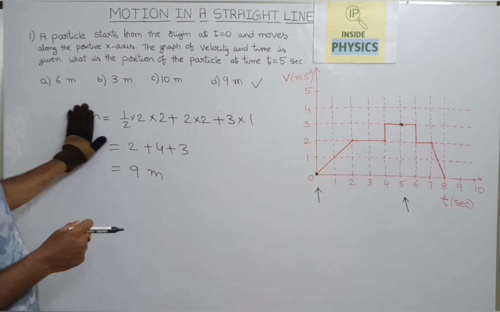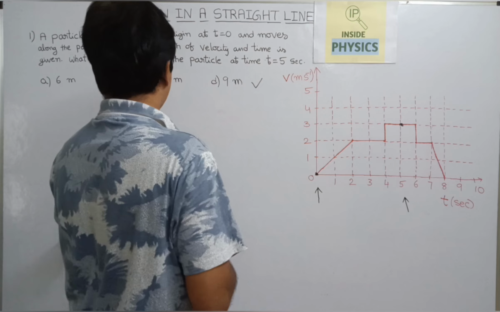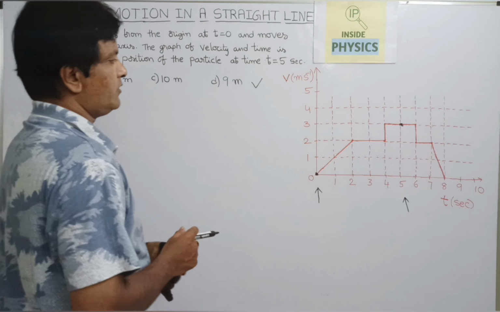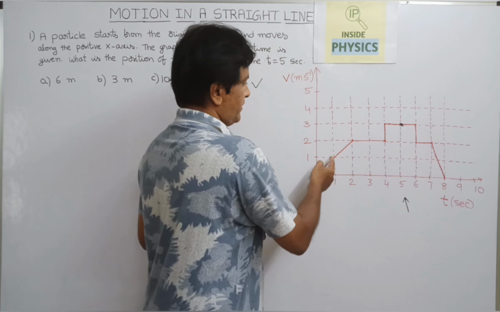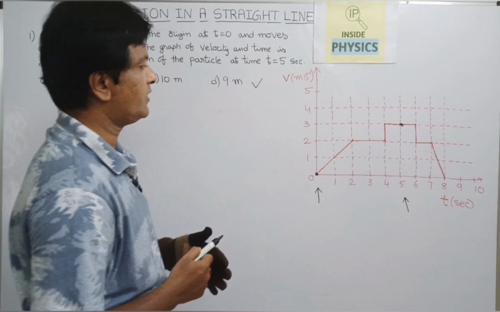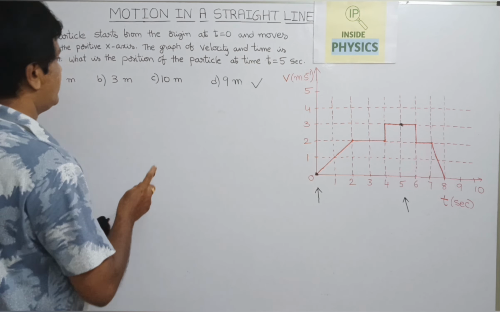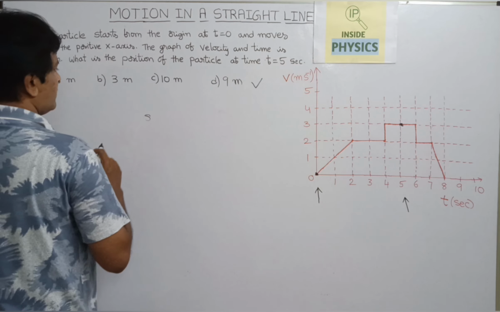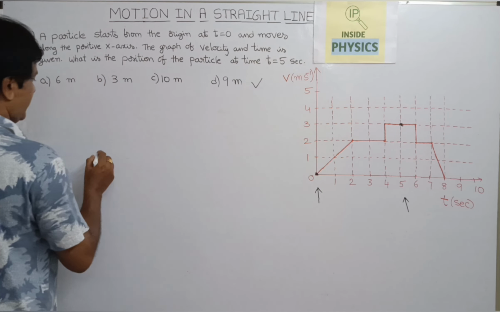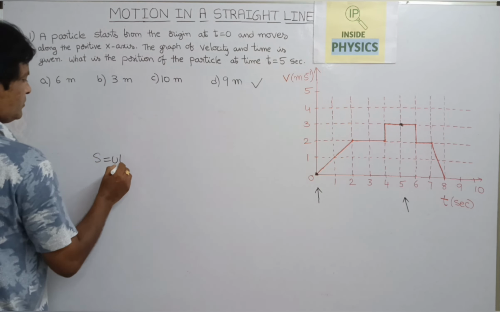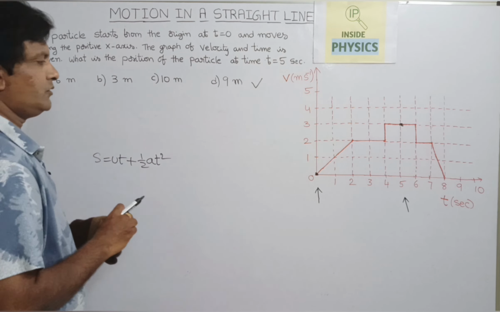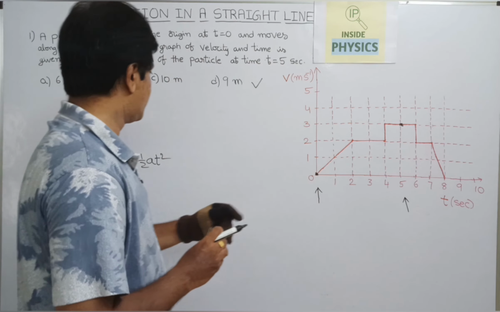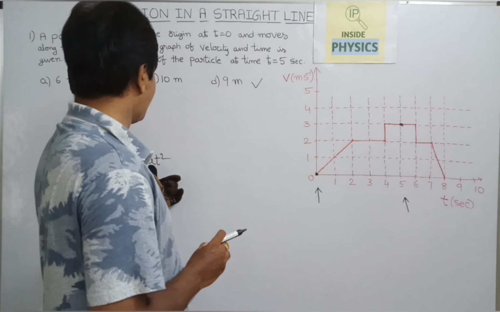There is another method we can also approach. I will tell you the second method. You can calculate the displacement from here to here. If you take the equation s equal to ut plus half at square, u is 0 here, t is 2 seconds. What is the acceleration?